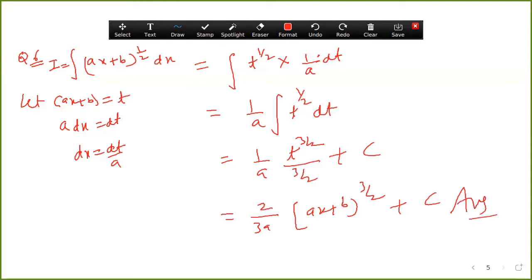Now come to question number 7. Integrate the function x into root of (x+2) dx. In this question, we have to convert the question into standard form by using substitution.